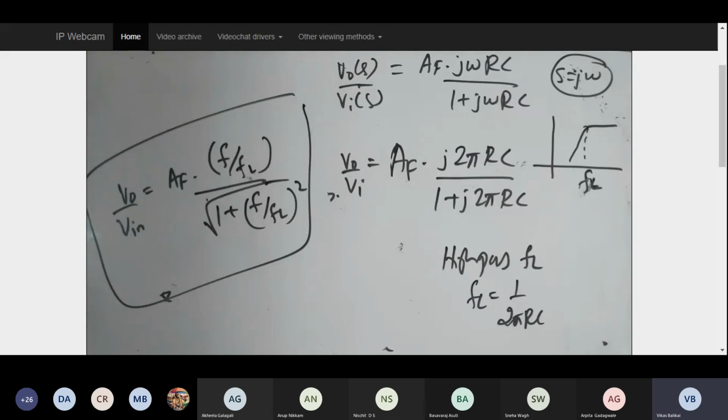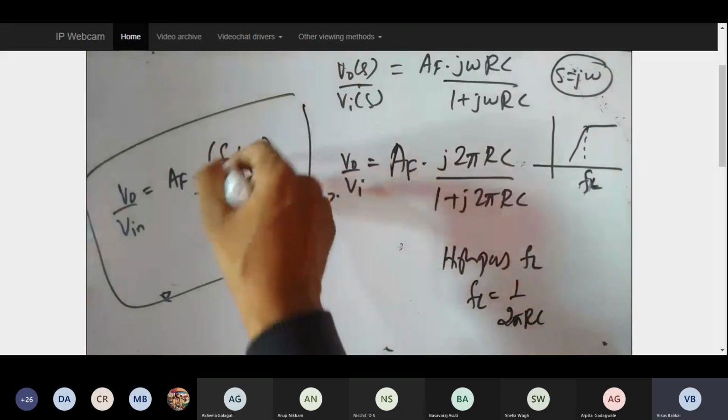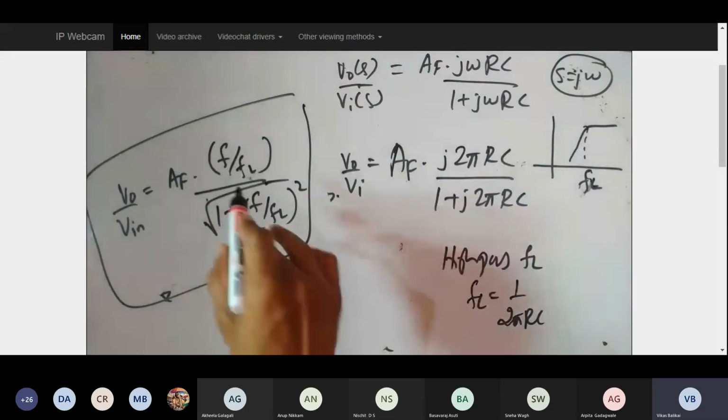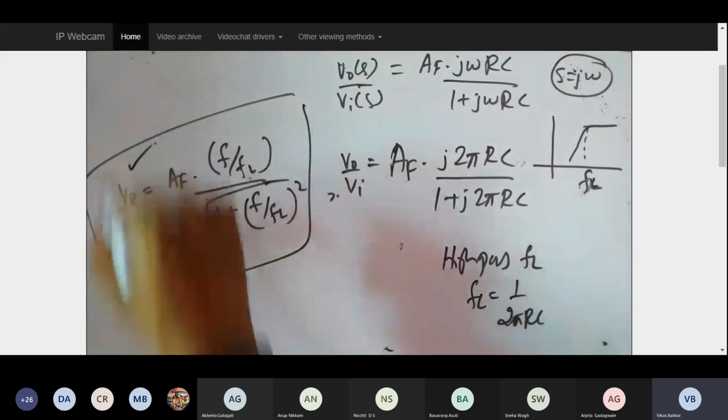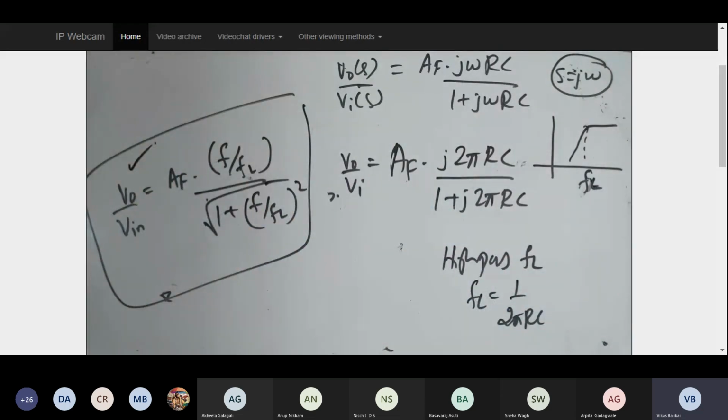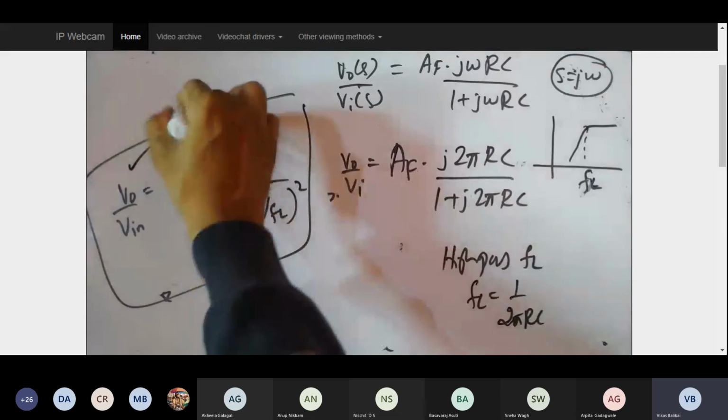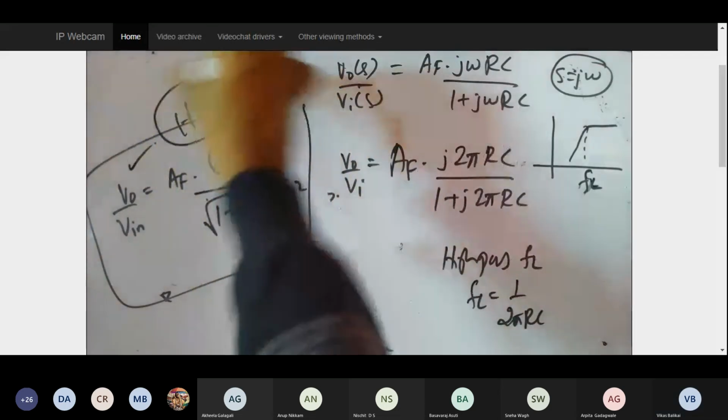The same thing, F and FH, over there. The same thing I am doing over here. Rather than replacing it with FH, I am replacing it with FL. And in the numerator, one more term is coming into the picture. So this will be my final gain equation for my first order high pass filter. So this is my high pass filter, HPF.